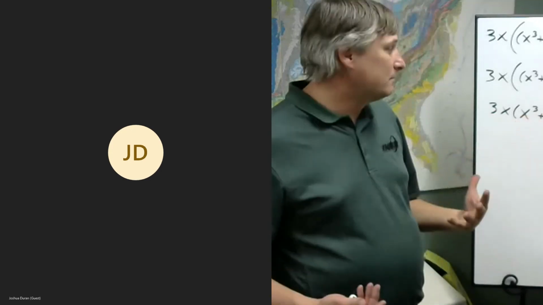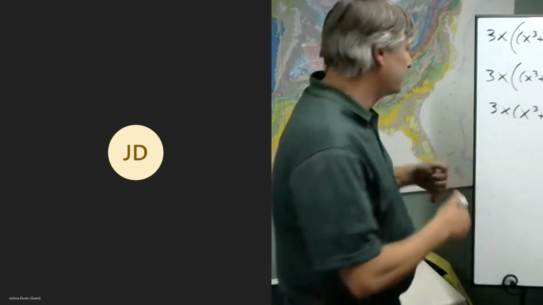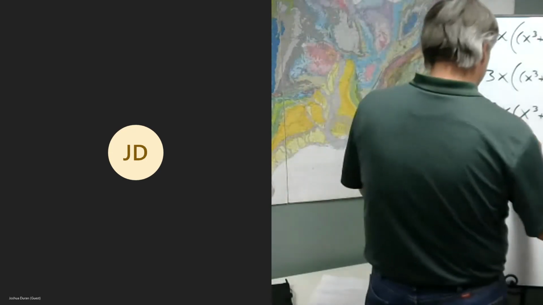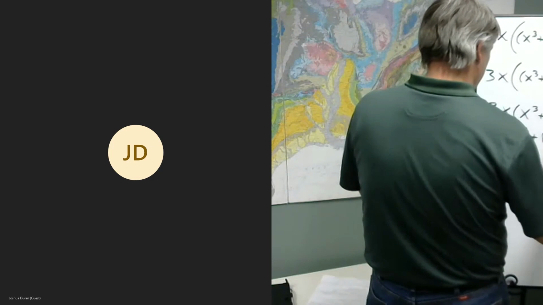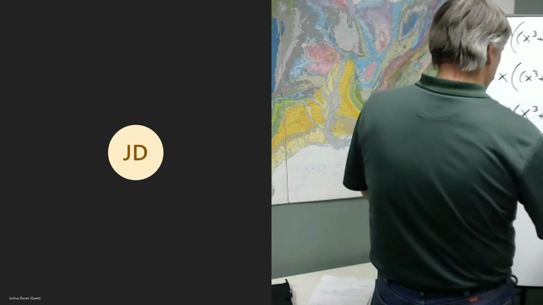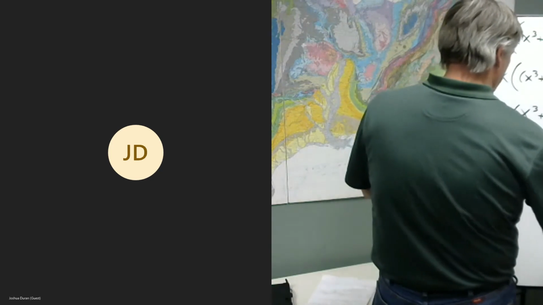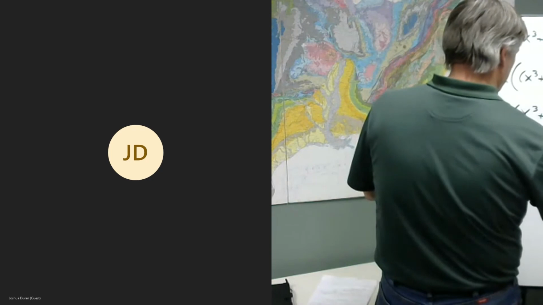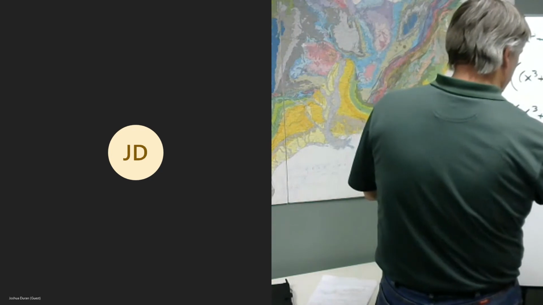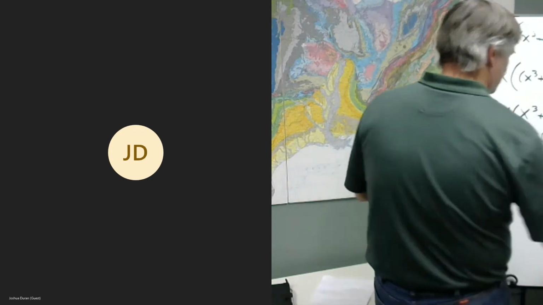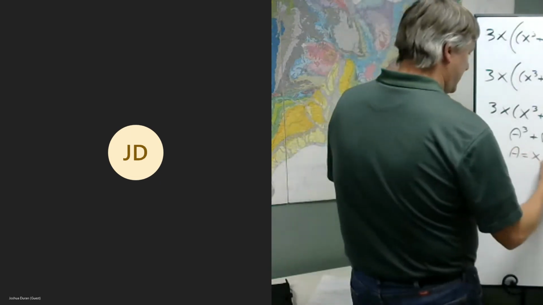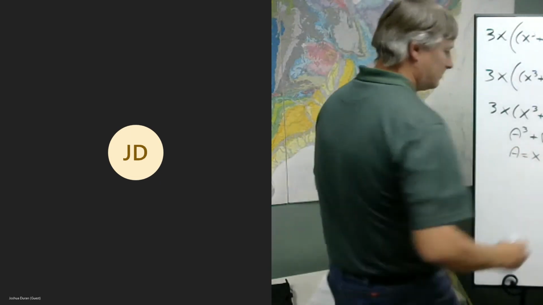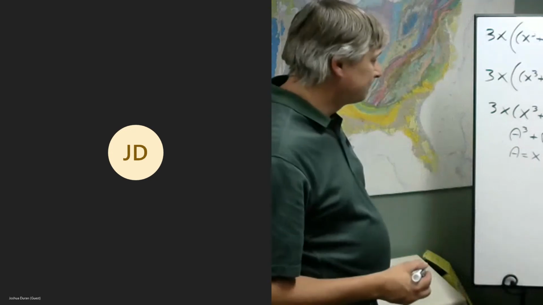So once again, we can use that special form. In this case, A will be x, B is going to be 1.